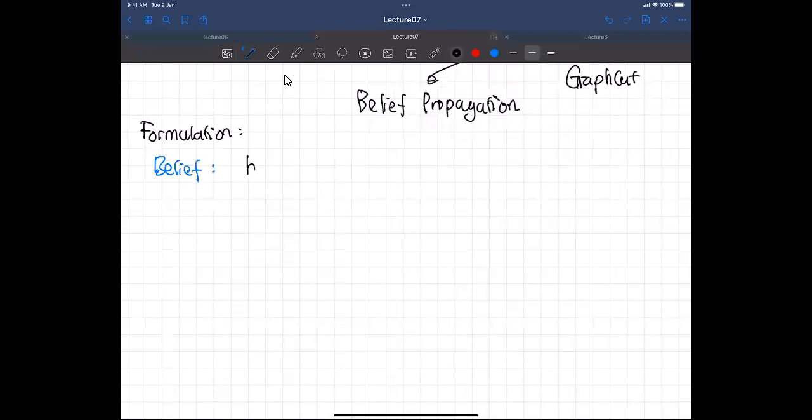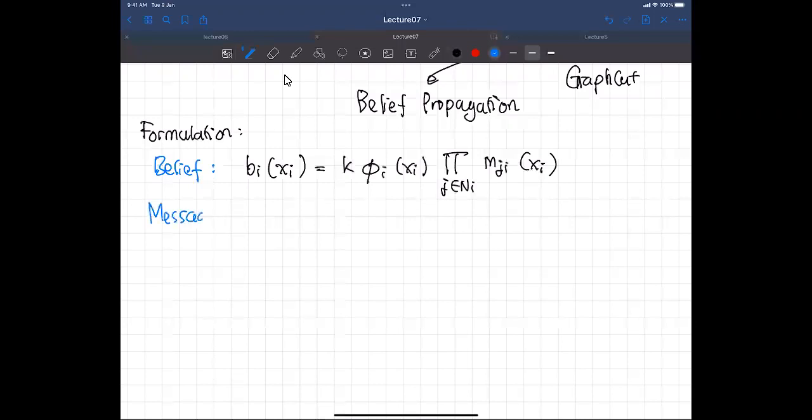The belief b_i(x_i) equals k times phi_i(x_i) times the product over j neighbors of i of m_ji(x_i), and that's all belief.